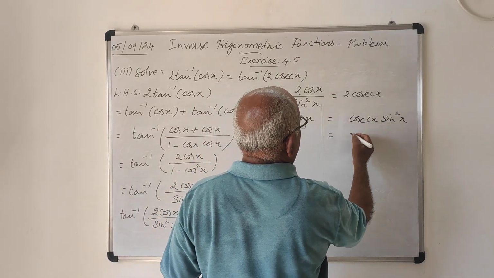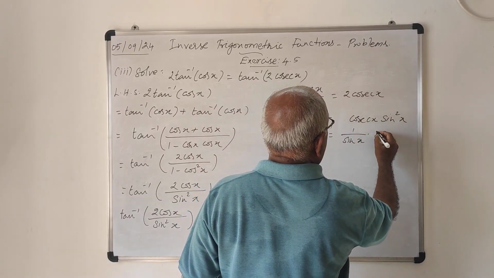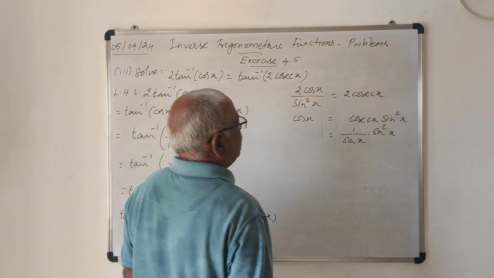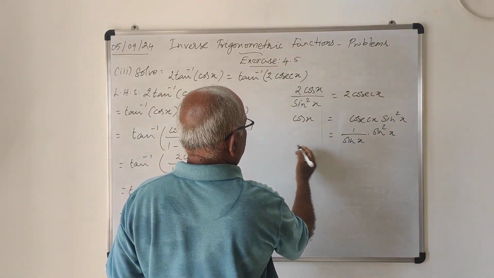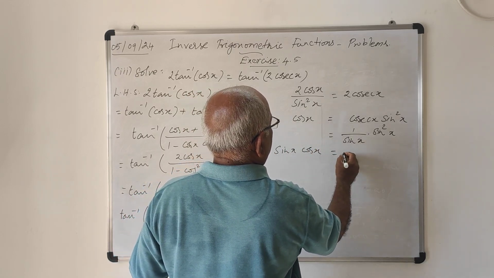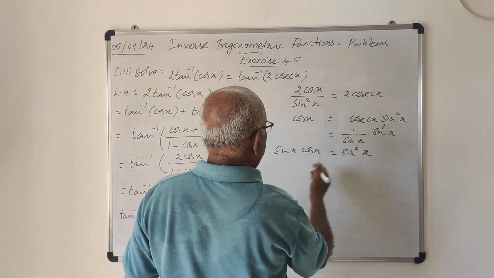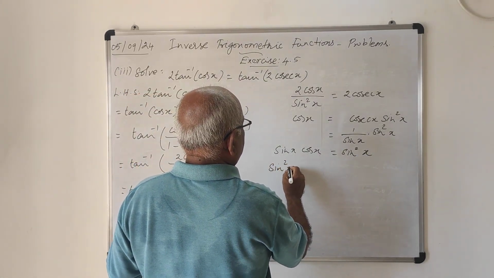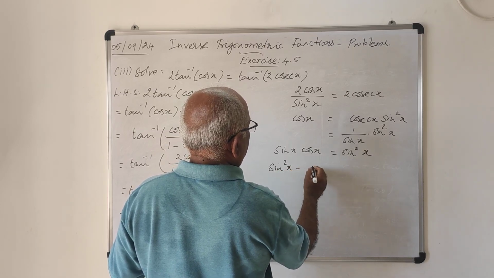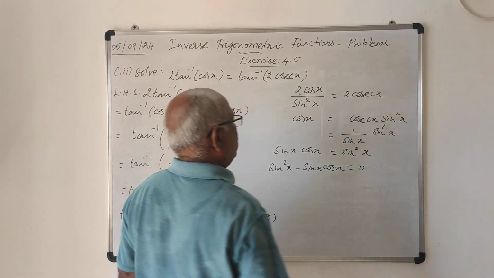Cosecant x is 1 by sin x, into sin square x. Multiplying sin x to the left hand side, you will get sin x into cos x equal to sin square x. You bring everything to the right hand side, and you will get sin square x minus sin x into cos x equal to 0.